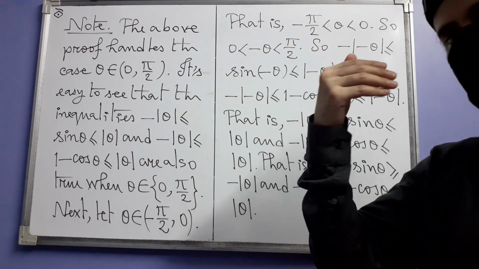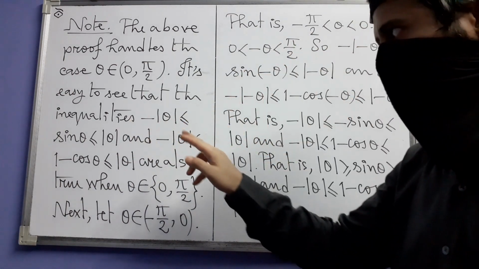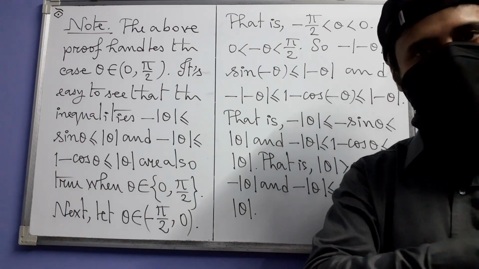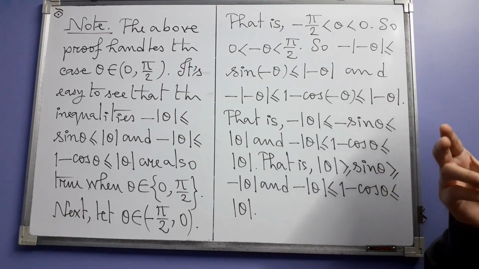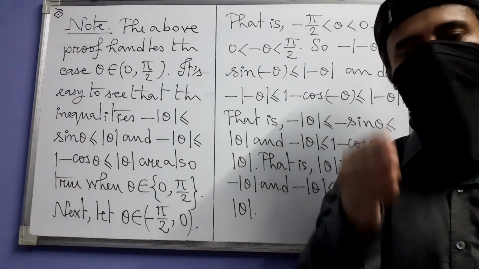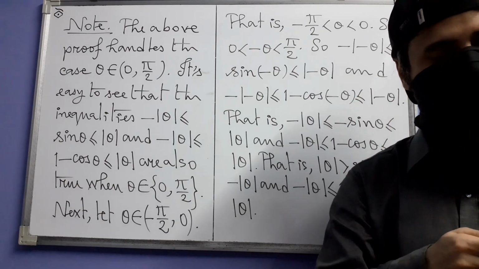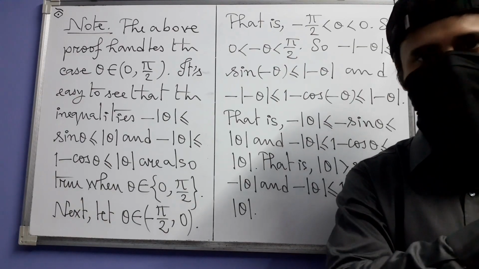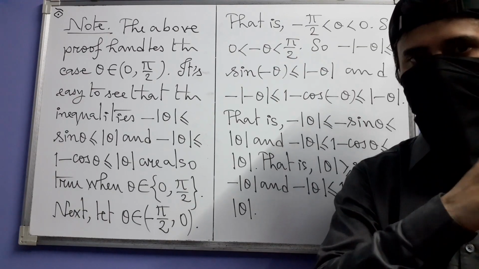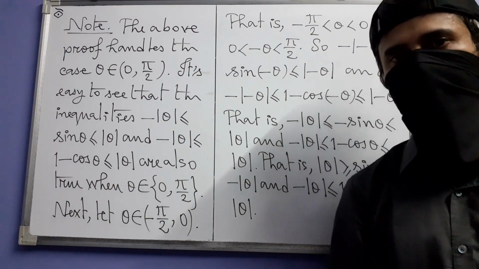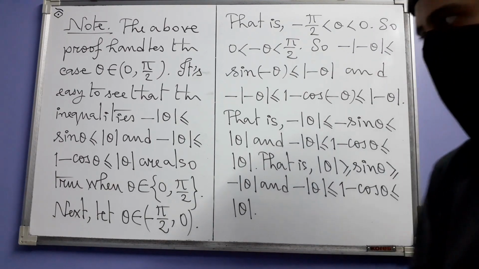Essentially, if you go back to the inequalities that come before this, which tells us that mod sine theta is less than or equal to mod theta, there if you put theta equal to pi over 2, you get 1 less than or equal to pi over 2. Is it true? Yes, because pi is 3.14159 something, which if you divide by 2, you will get 1 point something. So it's a little larger than 1. But anyway, you have inequality.